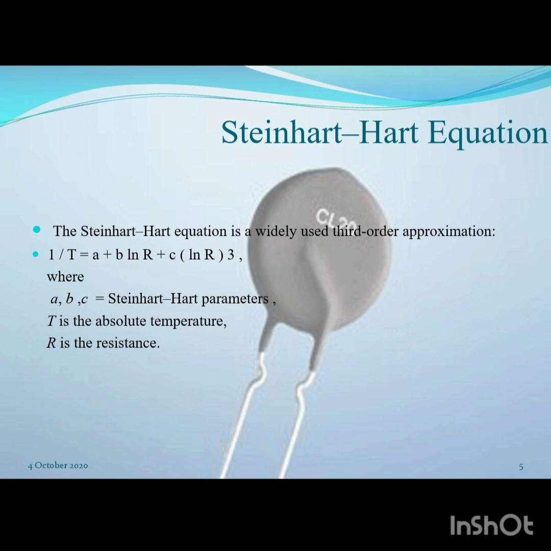The standard equation widely used is the third order approximation, which is 1 by T is equal to A plus B into ln R plus C into (ln R) whole cube, where A, B, C are called the standard parameters.